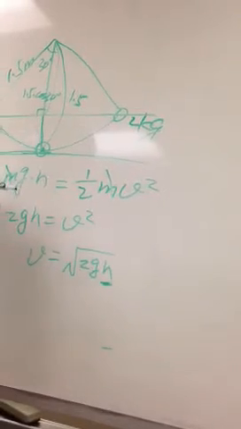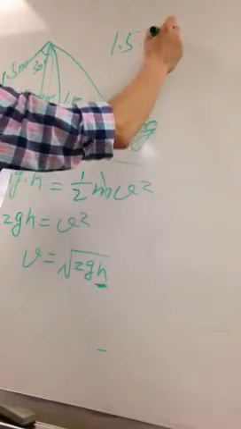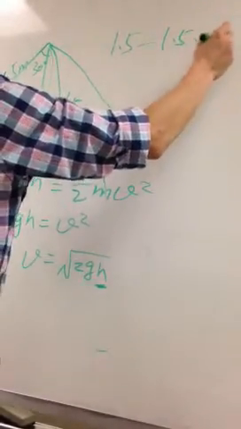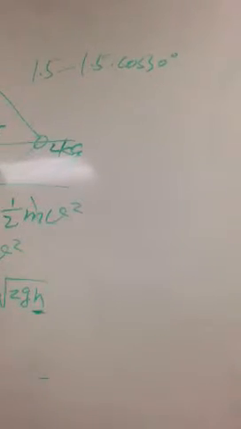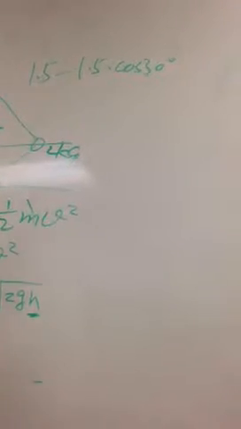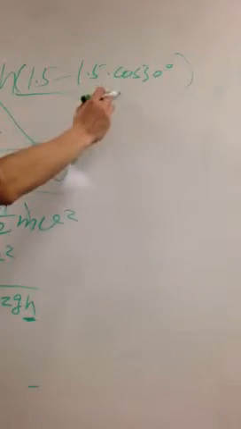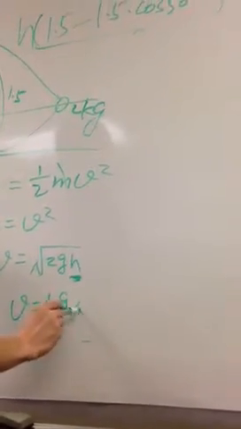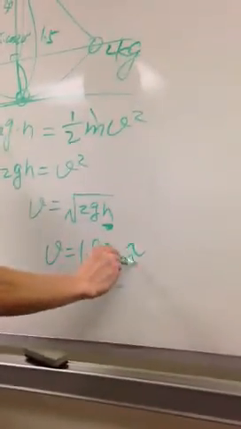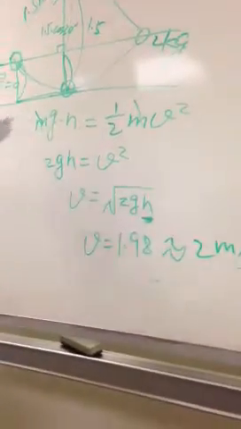Here is 30 degrees. So this line is 1.5 minus 1.5 times cosine 30 degrees. Right? So that's the h. So if you plug in this number and calculate, you get velocity equal to 1.98. So approximately 2 meters per second. So it's a.